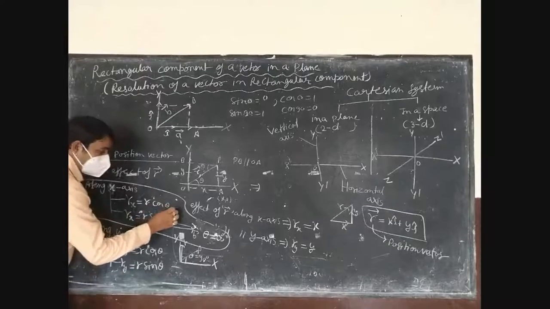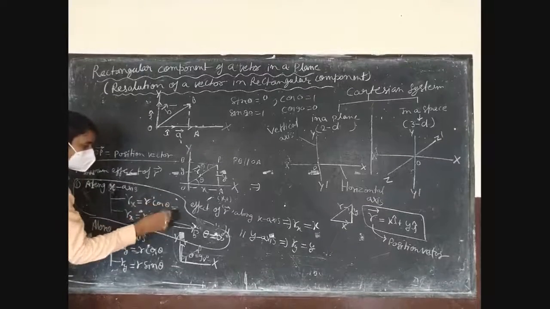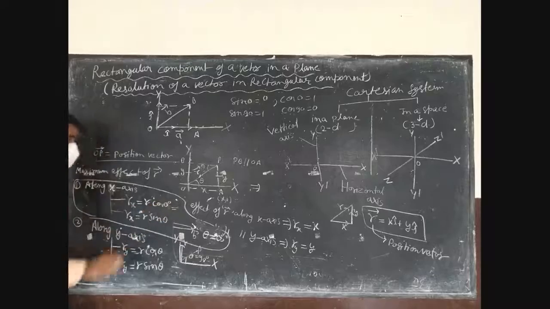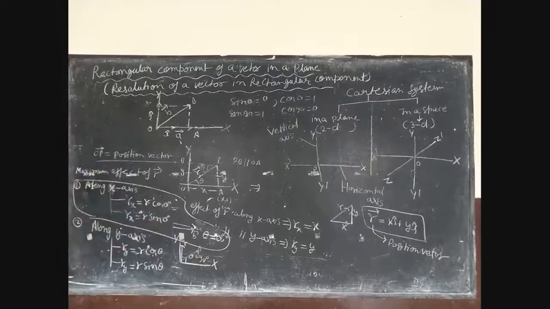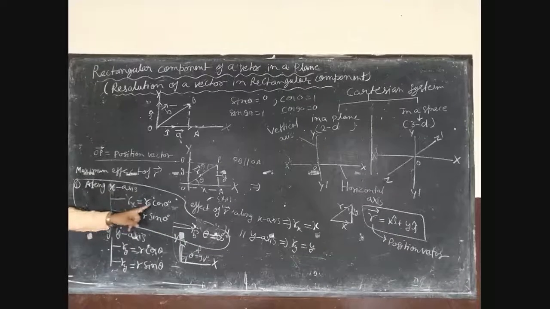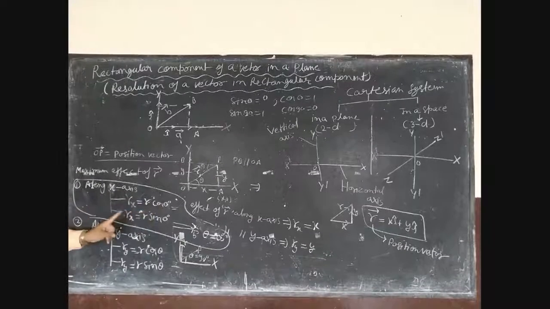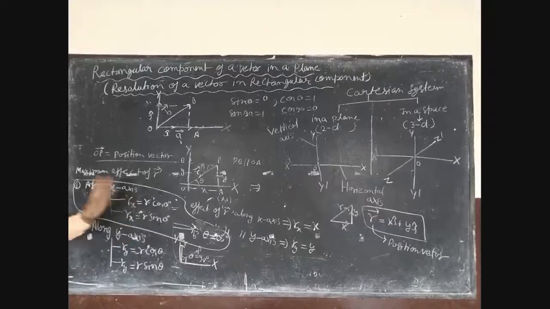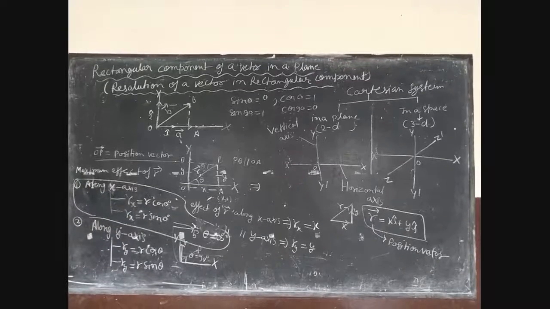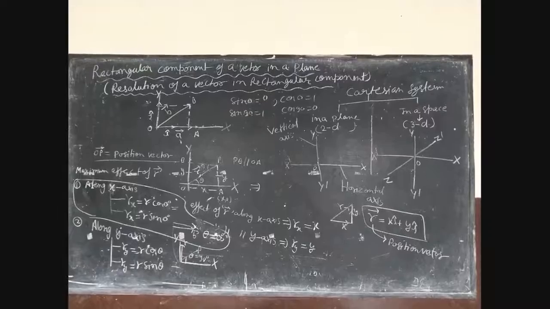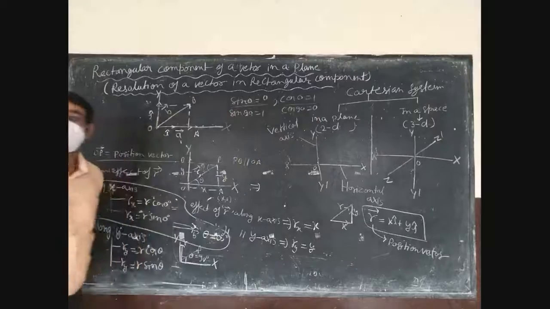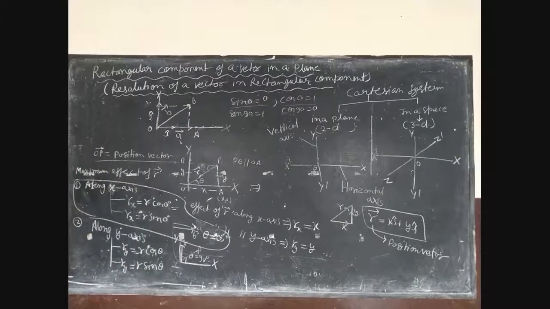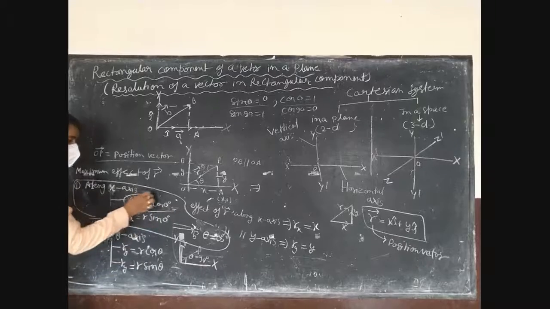This means this is cos 0 degree and this is sin 0 degree. Now tell me, Rx = R cos 0 gives a value and R sin 0 gives a value. cos 0 is 1 and sin 0 is 0, so the value is obtained from cos.